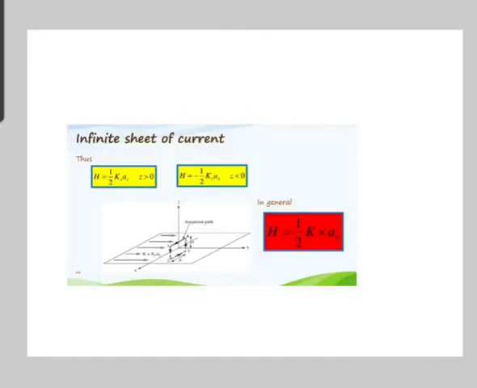Now here are also the equations of the magnetic field intensity. So the H bar due to the different current carrying elements is obtained by applying Ampere's circuital law.